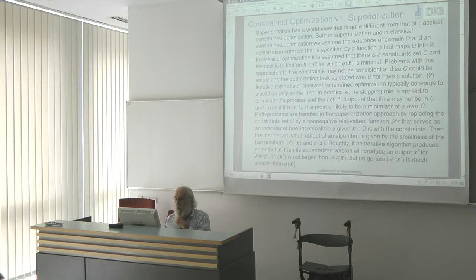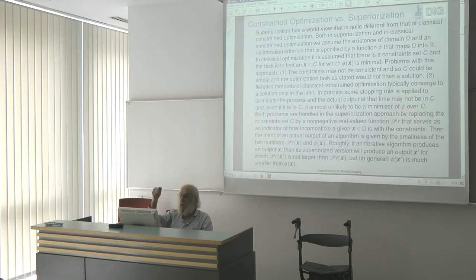Now, in superiorization, we handle these problems by giving up the wonderful mathematical aim of converging in the limit to the ideal. We replace the constraint set by a non-negative real-valued function PR, where PR stands for proximity, that serves as an indicator of how incompatible x in omega is with the constraint.